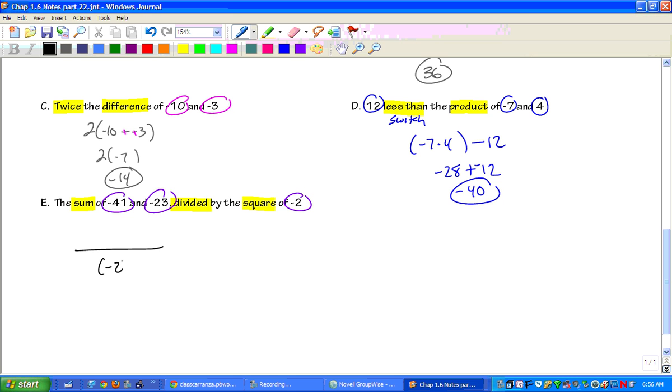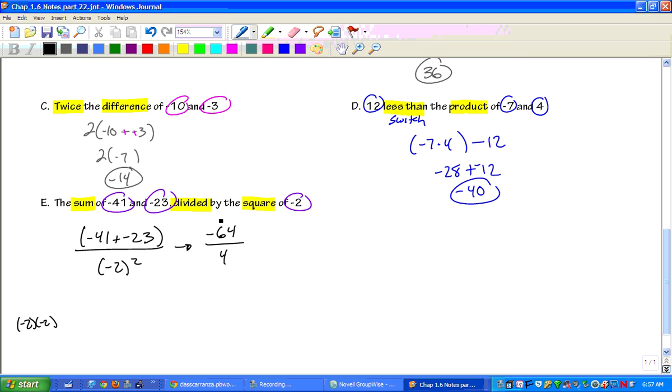So divided by the square of negative 2, and you want to take the sum of negative 41 and negative 23. So order of operations, we have to do the top first. Negative 41 and negative 23, they're the same sign, so you can add them up, and you get negative 64. Now on the bottom, negative 2 squared, that's negative 2 times negative 2, which gives us a positive 4.